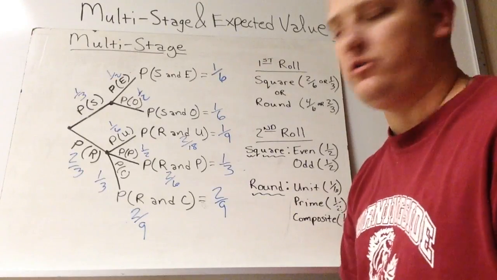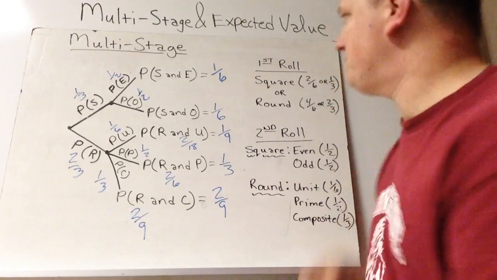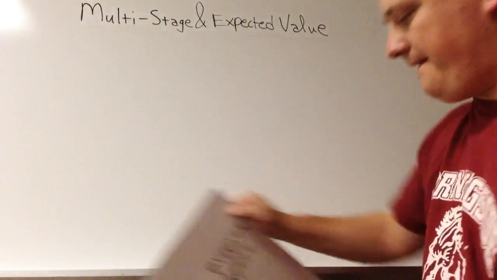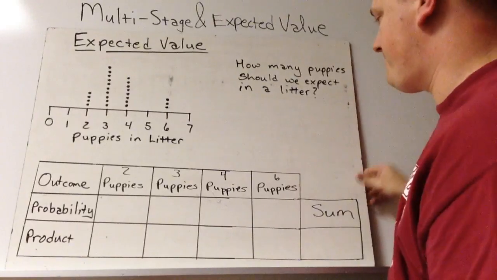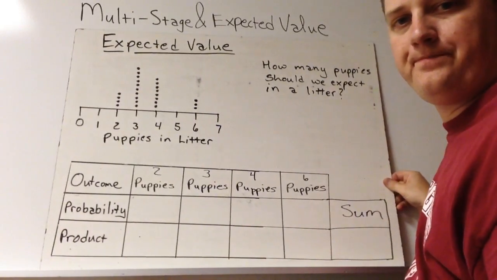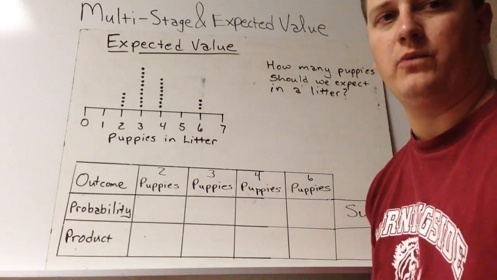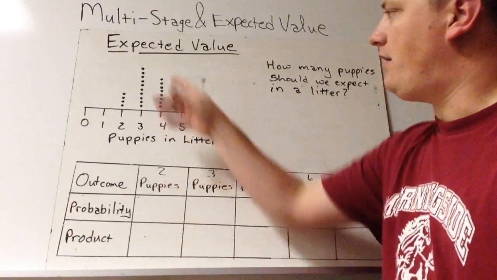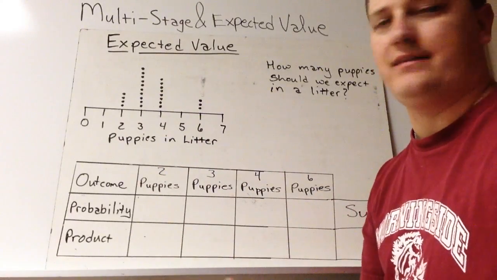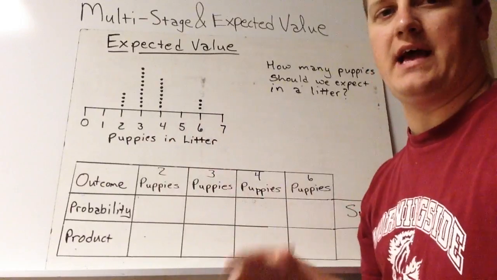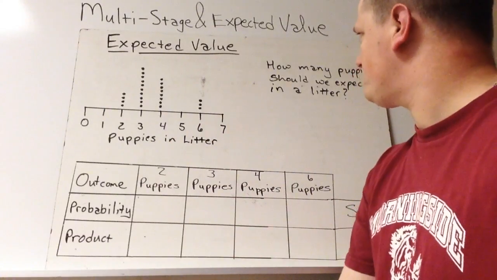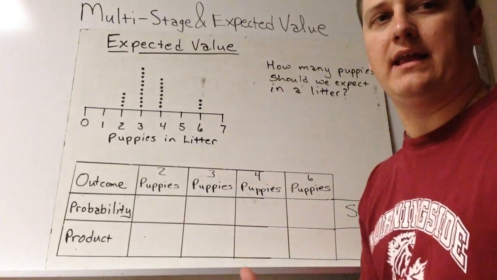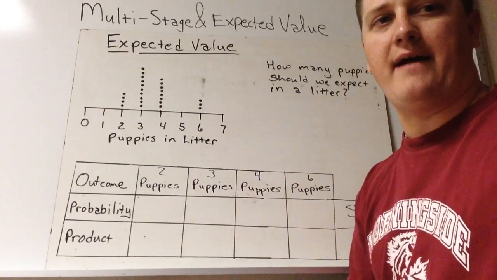Alright, now we're going to move on to expected value. For expected value, what you need is data. Here what I have is puppies in a litter. All the dots represent dogs that had litters, and the numbers represent how many dogs were in that litter. We want to know how many dogs we should expect in any litter at this dog kennel.